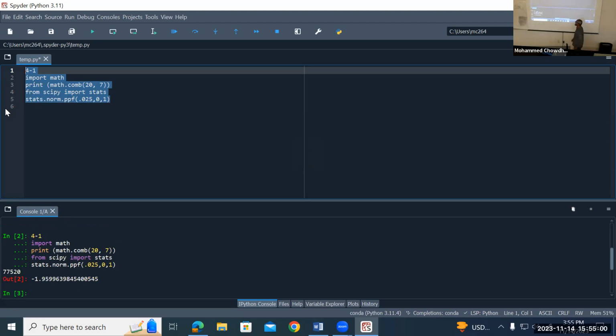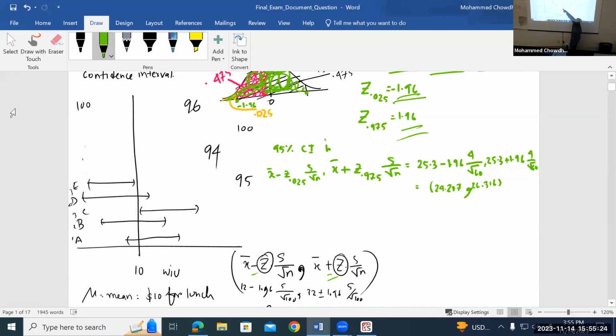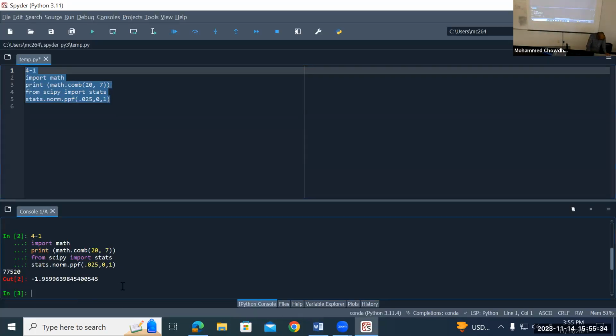Are you seeing negative 1.96? No confusion on how to find Z 0.025, Z 0.975. You understand, right? I write here Z 0.025, Z 0.975. If you want to take a look at the other one, we can also find it.